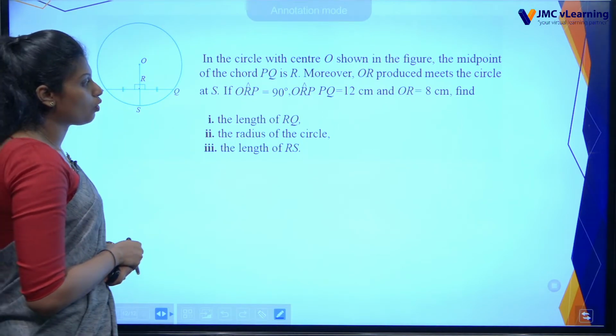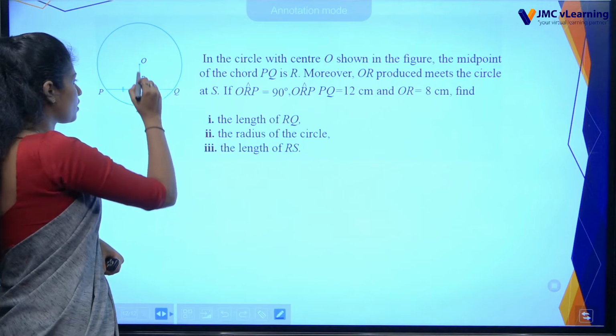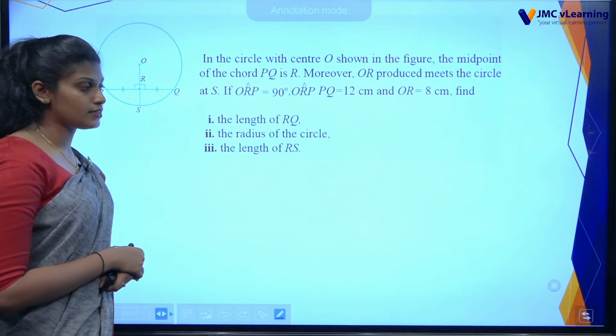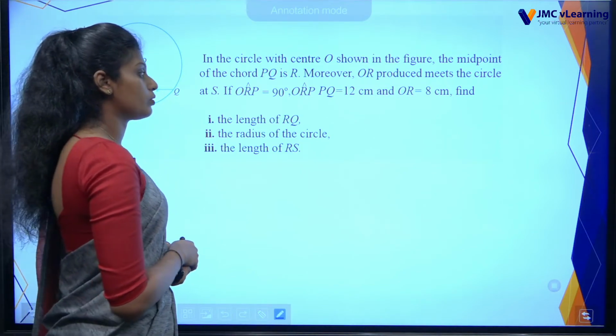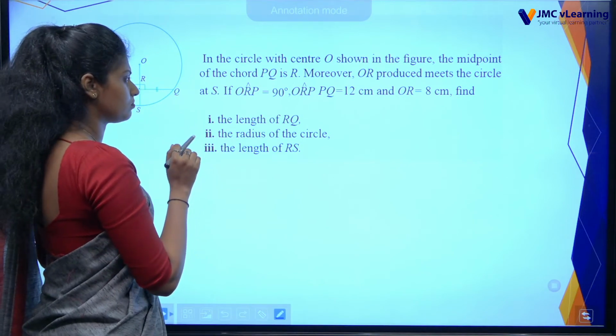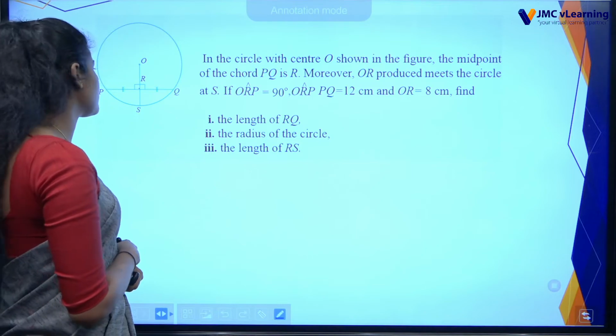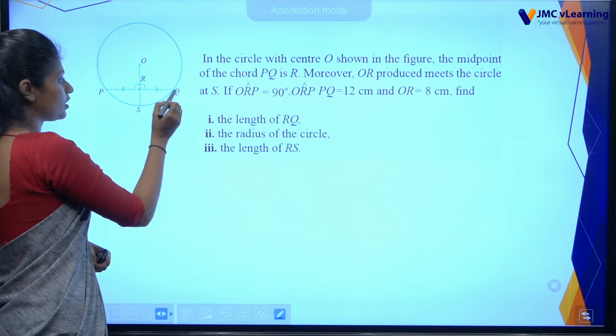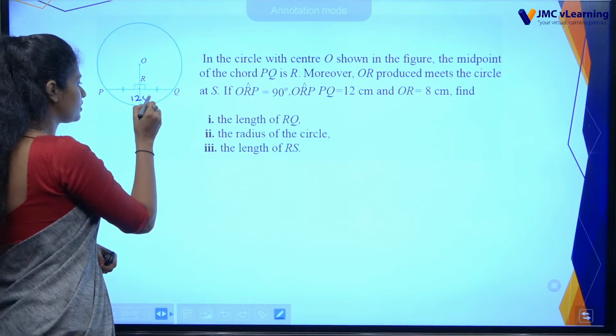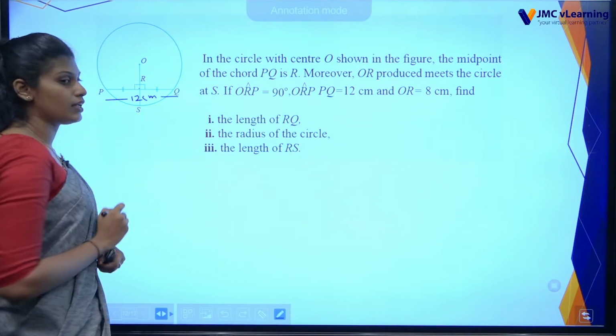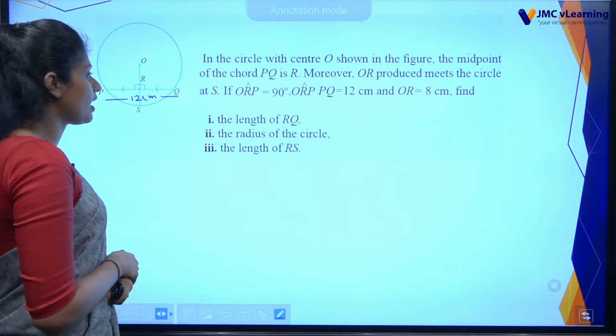If angle ORP is 90 degree, PQ length is 12 centimeter. That means the length of the chord.